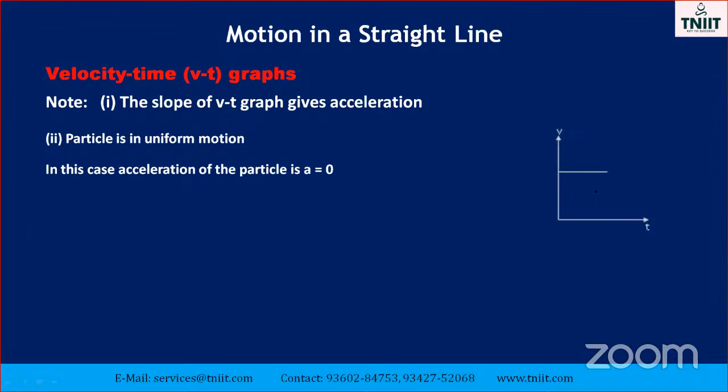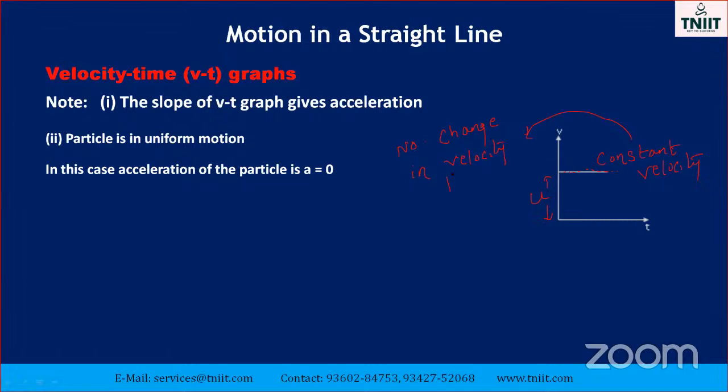So this is the velocity time graph where it is having almost constant velocity. Velocity is constant, but it is having an initial velocity u. The particle is moving with constant velocity. If the particle is moving with a constant velocity, there will be no change in velocity.